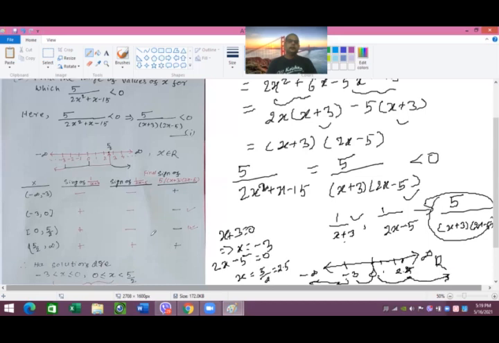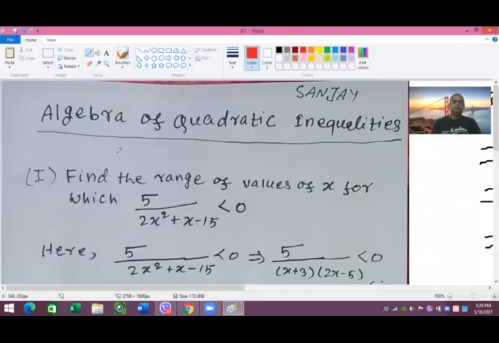Same things have been done here. If you check this, find the range of values of x for which 5 by 2x squared plus x minus 15 is less than 0, and we are looking for solutions for this inequation.